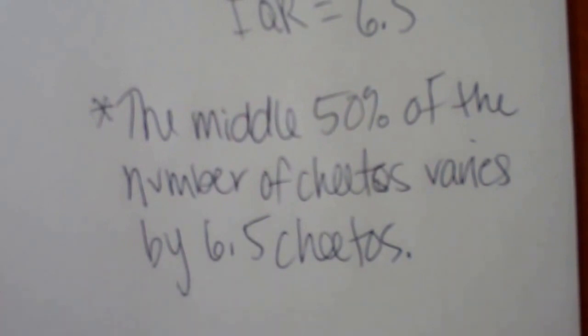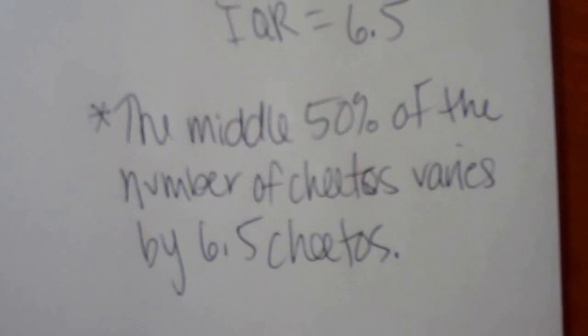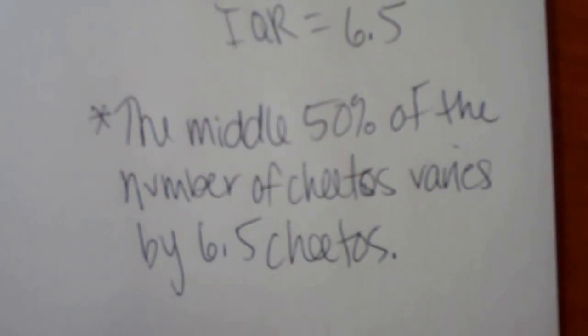So this is what IQR means. It looks at that middle 50% of the bags that I opened. We know that they're going to vary by 6.5 Cheetos. Now, remember, my maximum was 38, and I believe my minimum was about 10.